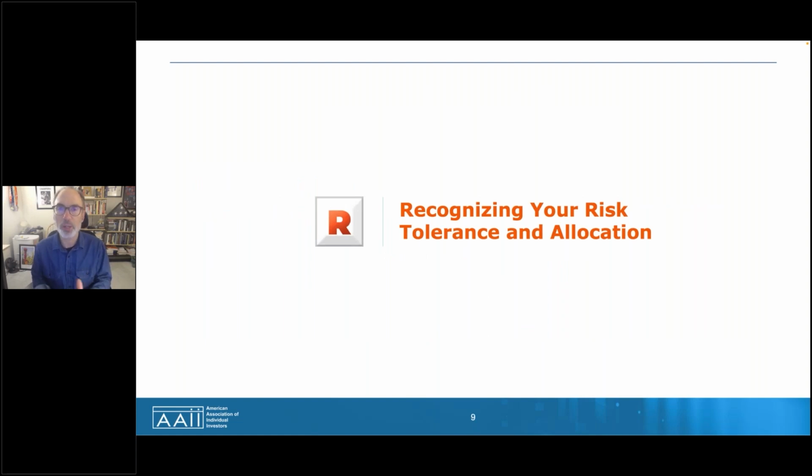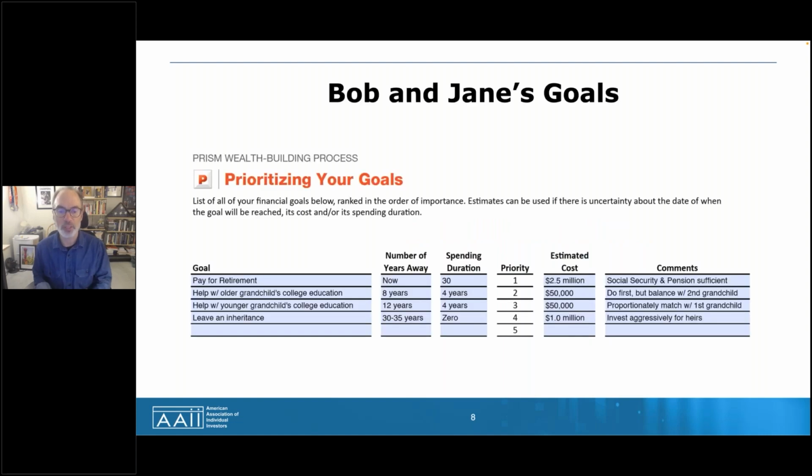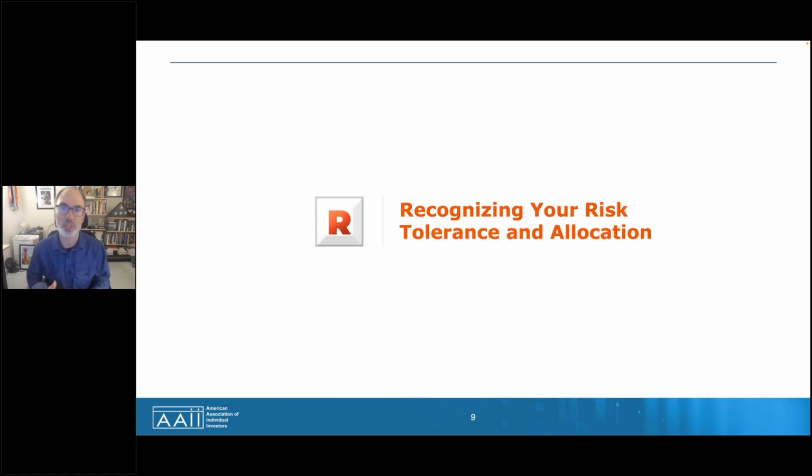So they're going to start out by realizing, okay, we have this time frame. We know that the first grandchild, the older grandchild, is going to hit college in about 8 years. The second grandchild is going to hit college in about 12 years. And obviously, that's assuming their grandchildren go right from high school to college and don't take a so-called leap year. We're going to make some simple assumptions here.